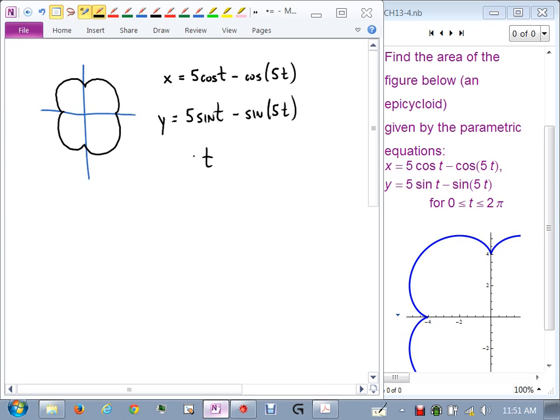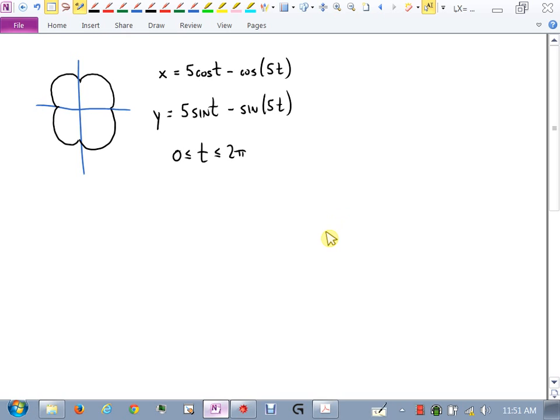We're given our restriction on t is 0 to 2 pi. I would like to know the area inside, right? That's what I want to know. We'll call that region in there D.